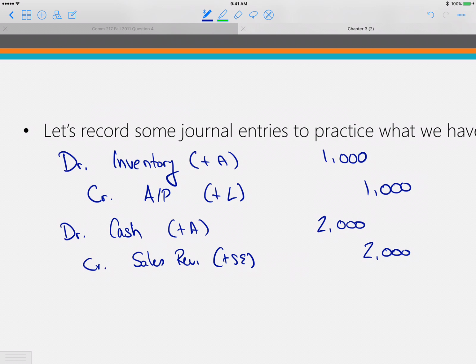And now we have to record, remember, according to the matching process, we have to match the inventory that was used up to generate these sales. So we debit cost of goods sold. So it's an increase to expenses of 1,000. And we credit our inventory, which we have used up by 1,000.